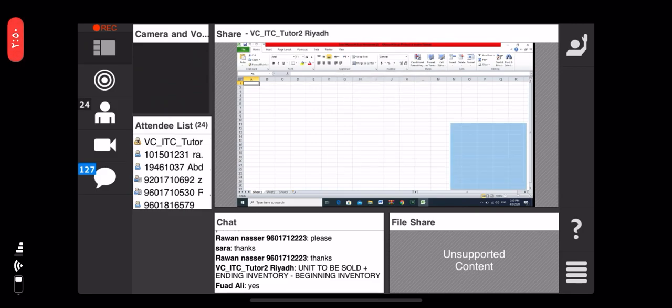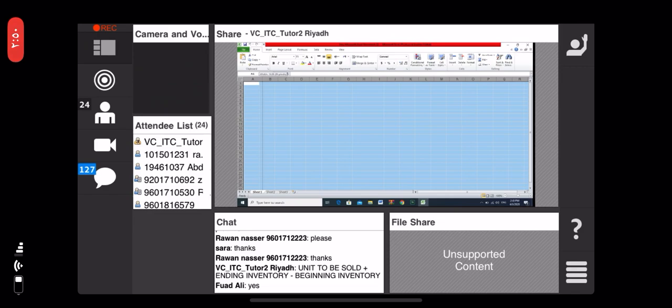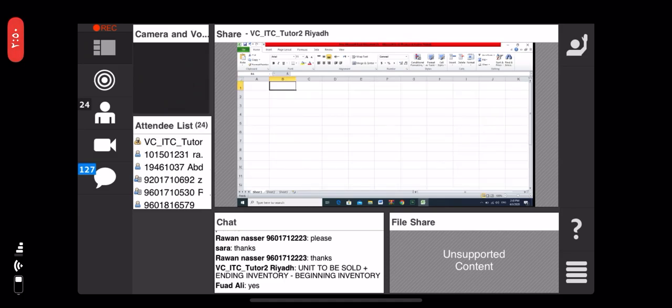This is quarter one, quarter two, quarter three, quarter four, and last, the total. Units to be sold.